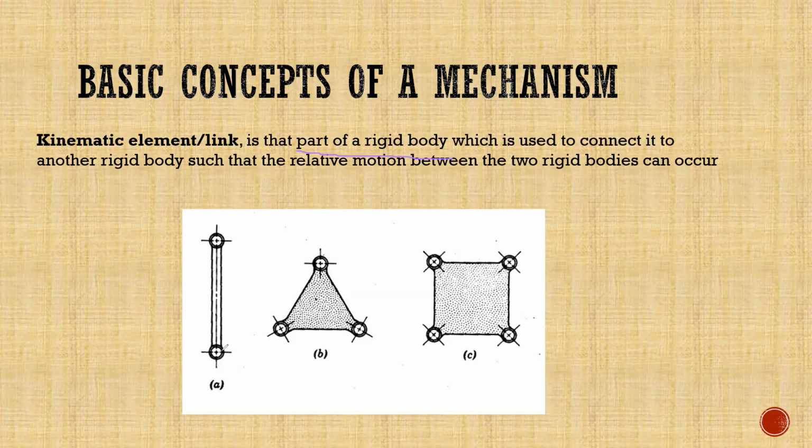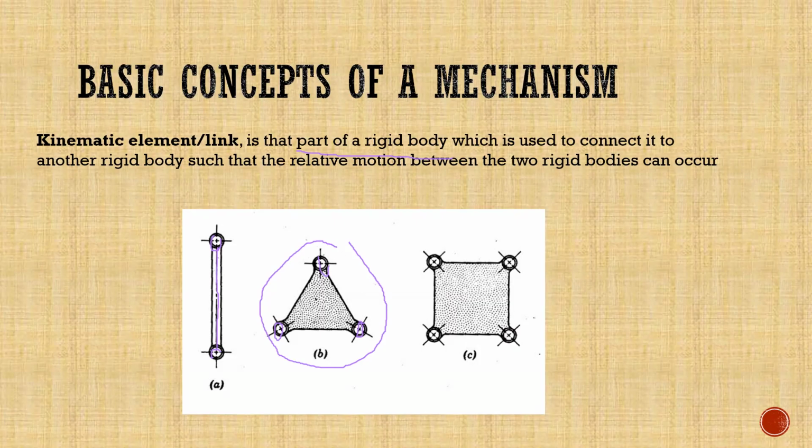This is one joint right here connecting to another joint, right? So this part that connects them is what we call the kinematic link. This one is also one link, as you see. It has this joint, this joint and this joint. So that means it is a link, but having three connection points.